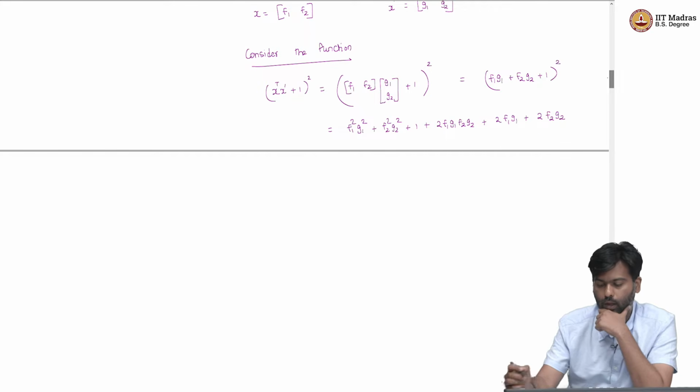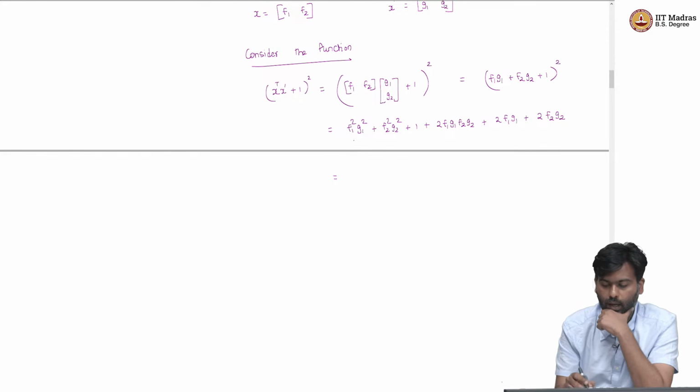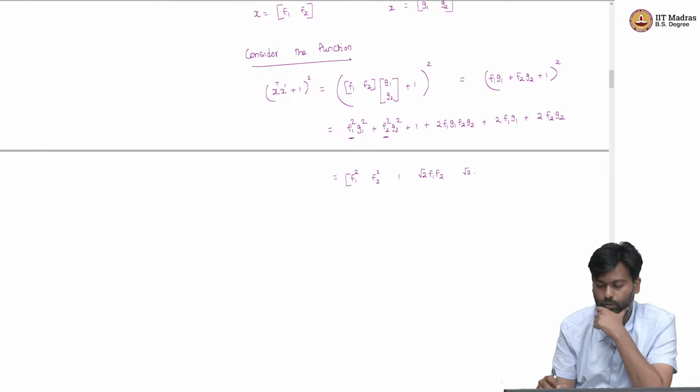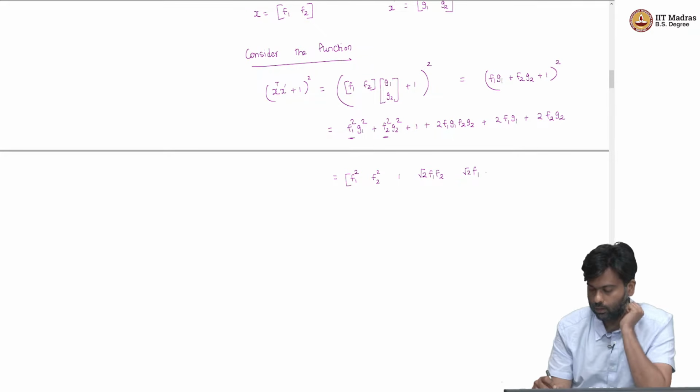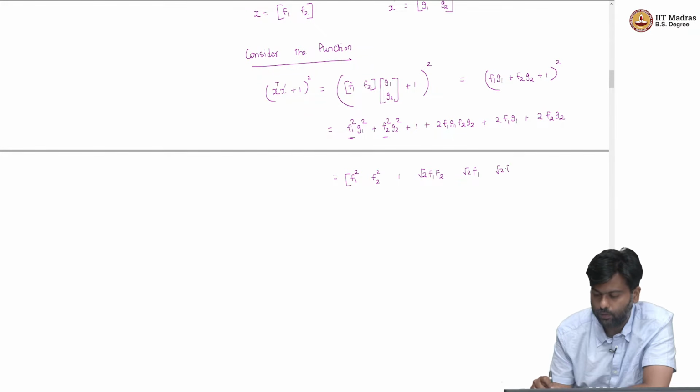Now let's say I collect terms which are dependent on f separately, and I look at them as a vector. They look like f1 squared, f2 squared, 1, square root of 2 f1 f2, square root of 2 f1 and square root of 2 f2.